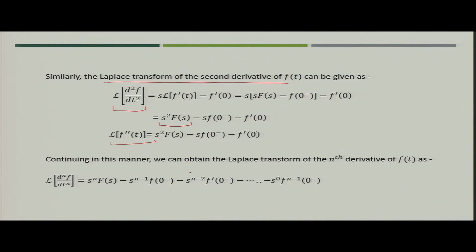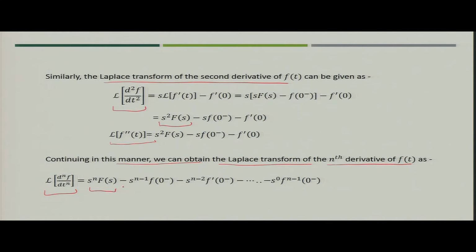If you continue in this manner, you can create a more generic Laplace transform, that is for nth derivative of f(t), which you can write as Laplace of dnf by dtn is nothing but equal to s to the power n into F(s) minus s to the power n minus 1 times the value of function at 0, minus s to the power n minus 2 times the value of the first derivative at 0, and so on up to the value of the n minus 1th derivative at 0.